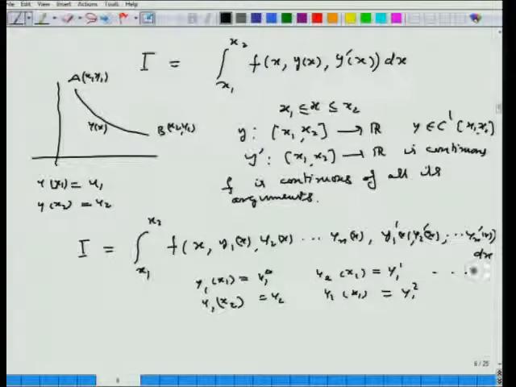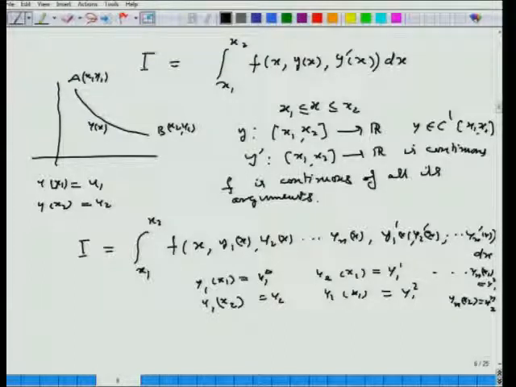You have yn at x1 as yn 1, and yn at x2 is yn 2 here. So these are the additional conditions to be satisfied, so that the curve passes through those given points here.